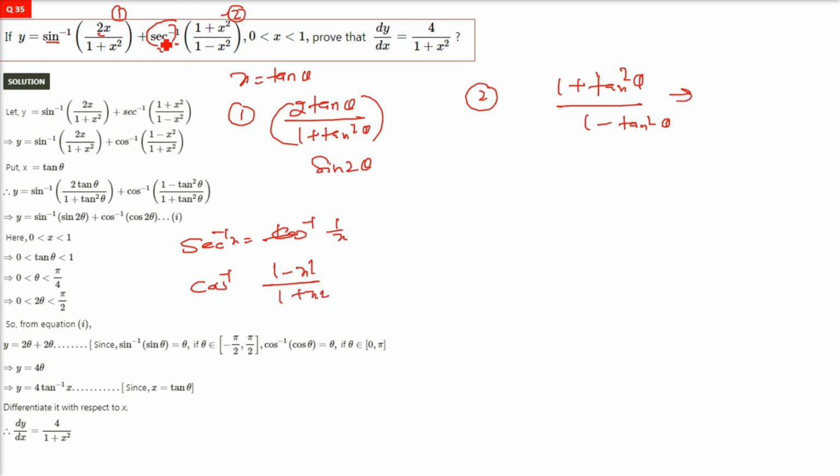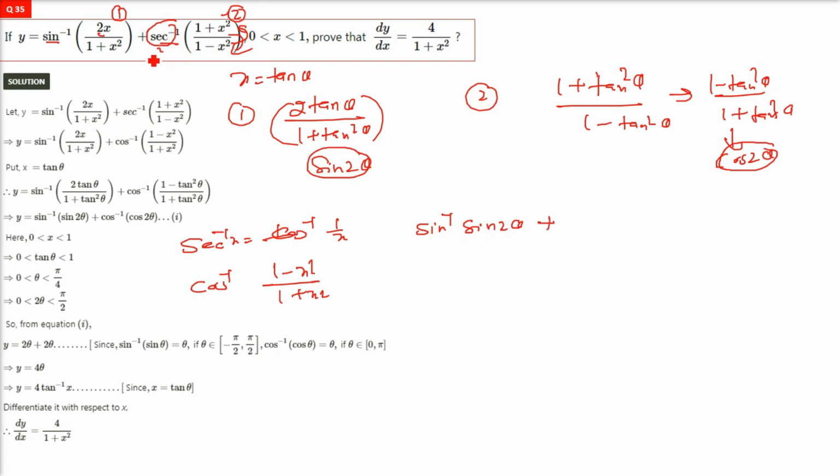So when you convert this sec inverse into cos inverse, the numerator and denominator will change position. So 1 minus tan square theta by 1 plus tan square theta. This is cos 2 theta. So cos 2 theta for the second, and sin 2 theta for the first. Now replace it. Sin inverse sin 2 theta plus sec inverse, which we already converted into cos inverse, and the inside thing will become cos 2 theta, as I just explained.